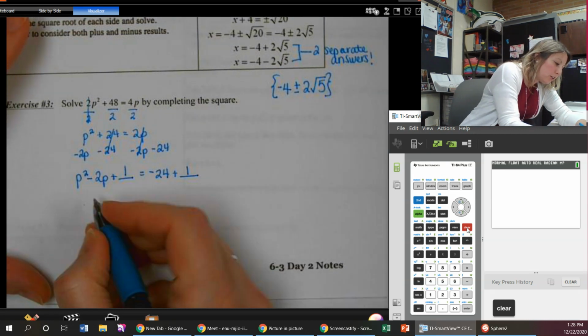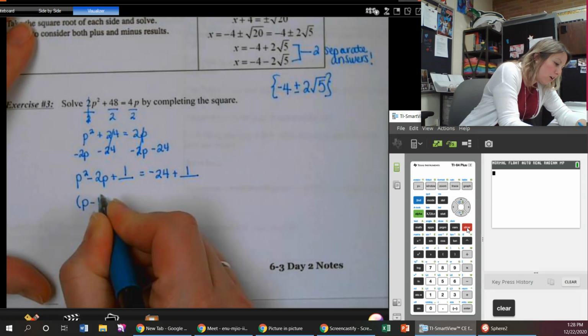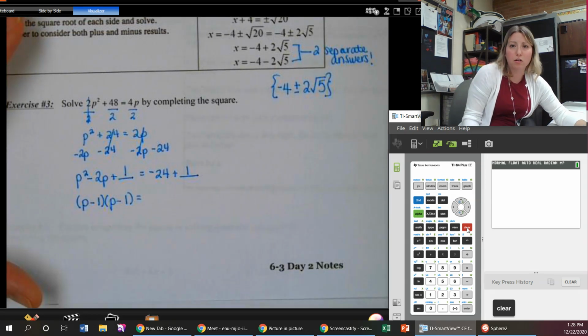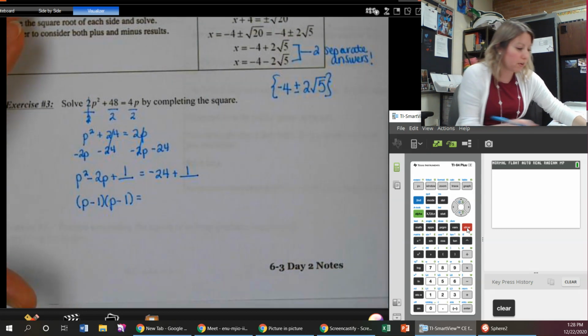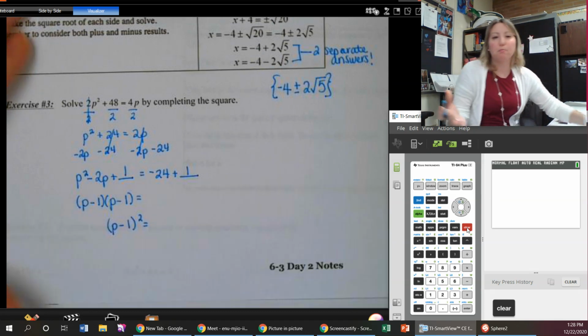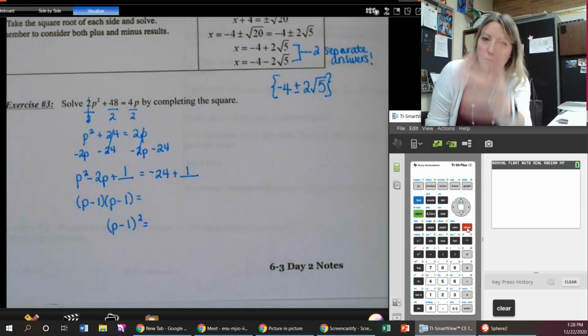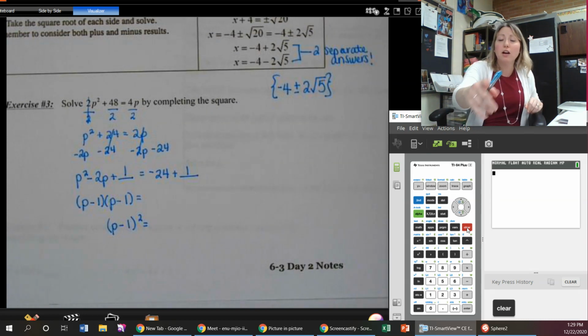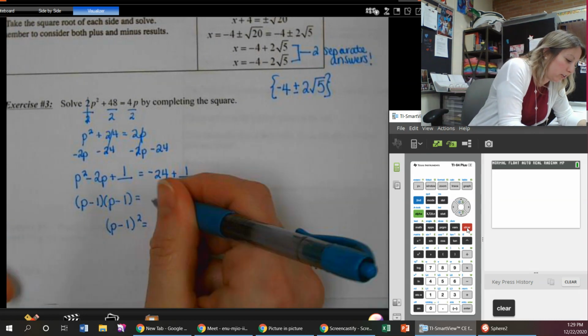On this side, that's a perfect square trinomial now that factors to become p minus 1 times p minus 1. Well, that can be written as p minus 1 squared, which was my whole end game, right? That was the whole point, I wanted that one binomial squared. But on the other side, I've got -24 plus 1, which is actually -23.